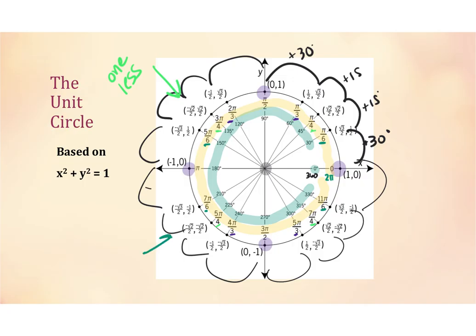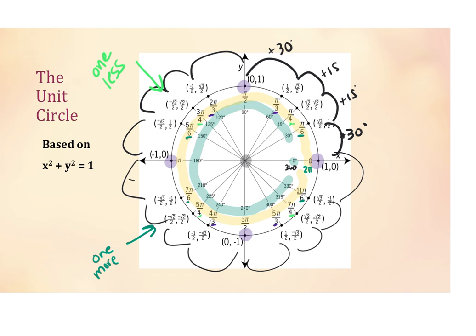The third quadrant is 1 more, so my numerator is 1 more than my denominator: 7 pi over 6, 5 pi over 4, 4 pi over 3. And then in the last quadrant, it is 1 less than double the denominator. Or you can memorize 5, 7, 11.